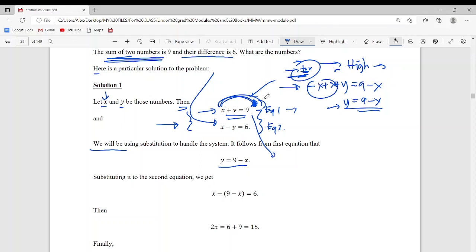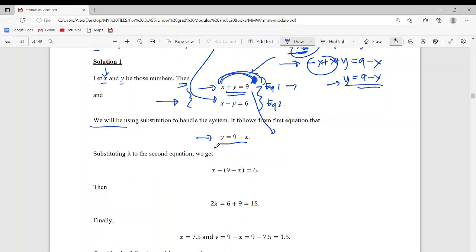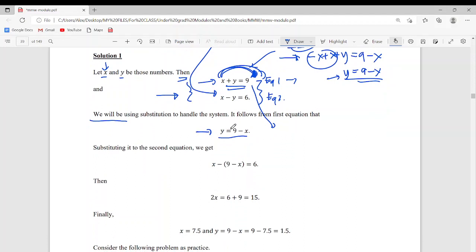So we have the value of y, and we can substitute it in the second equation, so we have x minus y, which is 9 minus x, equal to 6. Solving this equation algebraically, we find that we have 2x is equal to 15.